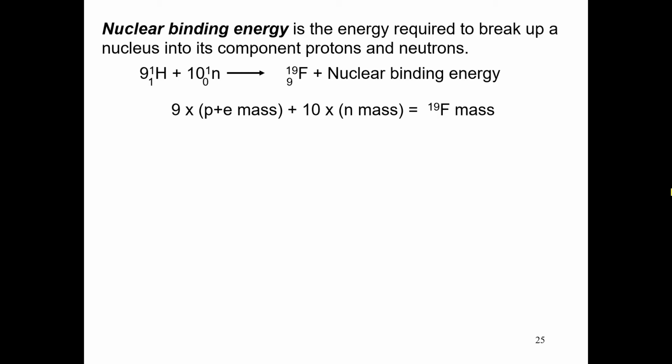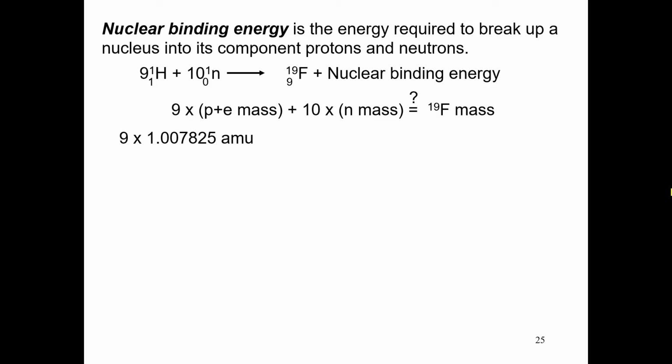But if I take that and I add 10 neutrons, I should get the same mass as an atom of fluorine 19. Okay? Pause the video if you need to make sure you understand what I'm saying here. I'm just pretending that I'm going to build a fluorine 19 atom from scratch. So the question is, is that the case?